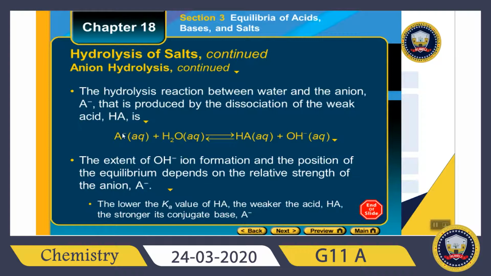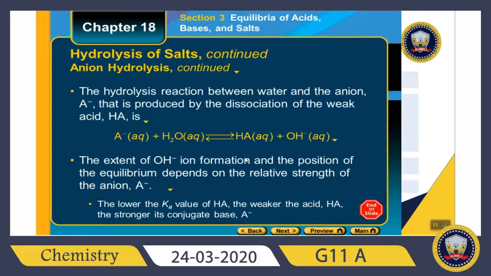So this anion part in the first equation will be present on the right side, and on this right side we have water molecules. This A negative will hydrolyze in water molecules to form again HA. So A negative will accept a proton from water and release the OH group in the solution, which will reflect the basicity or the alkalinity of the solution.